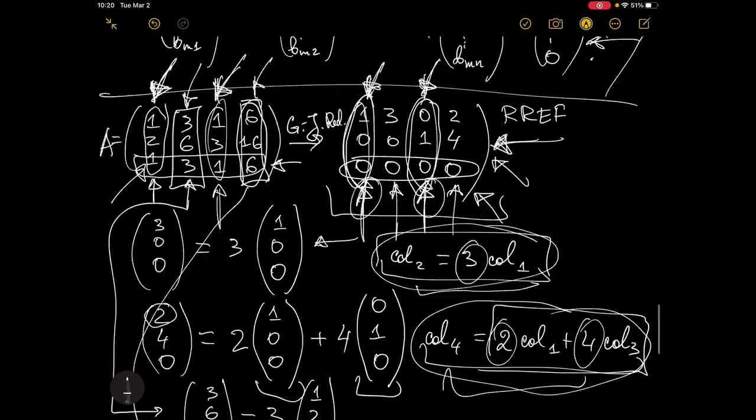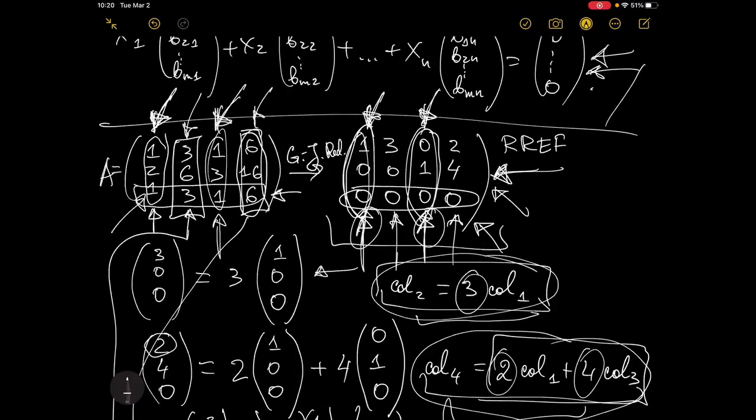So in a reduced row echelon form, I see that this and this, the columns corresponding to leading ones, are linearly independent, right? Is it right or not?